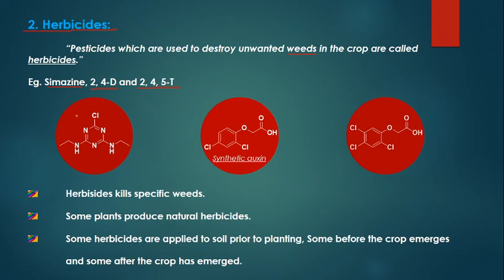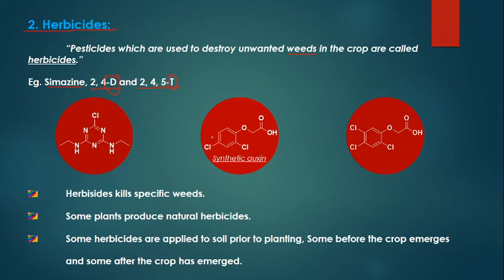This is the structure of simazine, this is the structure of 2,4-D and this is the structure of 2,4,5-D. Here D is because of dichloro, and T is because of trichloro groups.